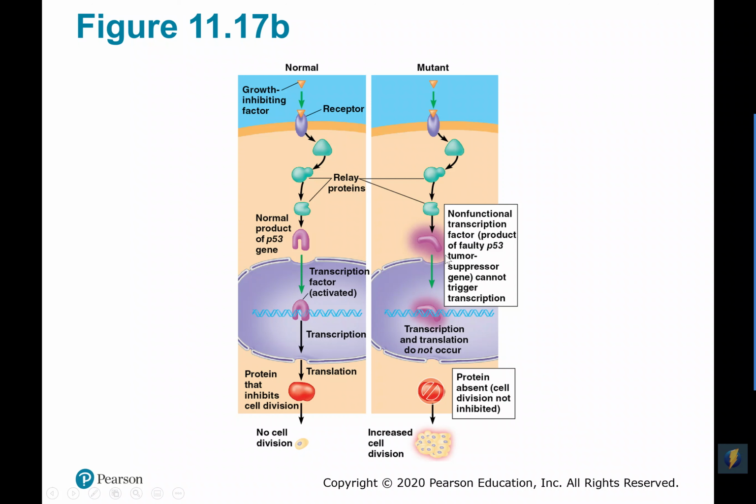Well, this particular transcription factor, since it's not shaped properly, cannot transcribe our DNA. And if transcription can't occur, then the translation is not going to occur, and we're not going to get that growth inhibiting protein, and that leads to unchecked cell division because there's nothing there to stop it or slow it.